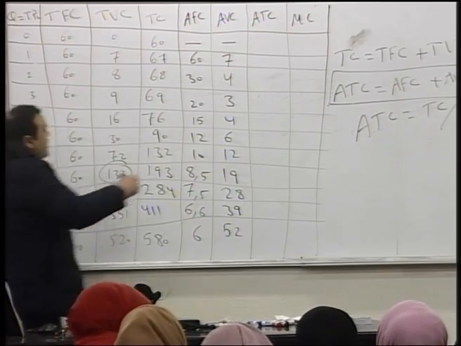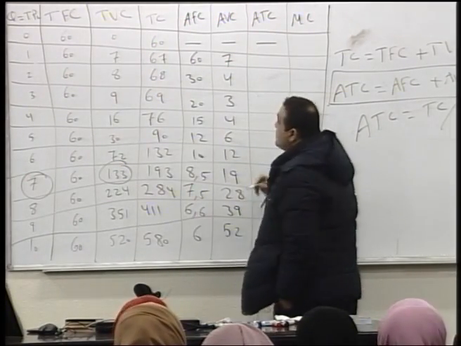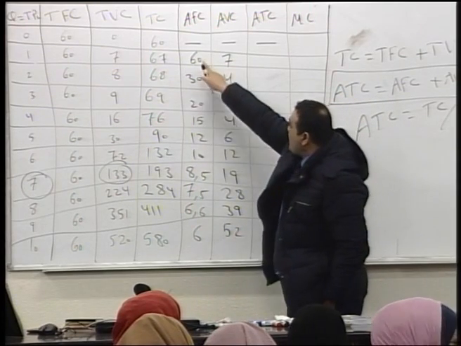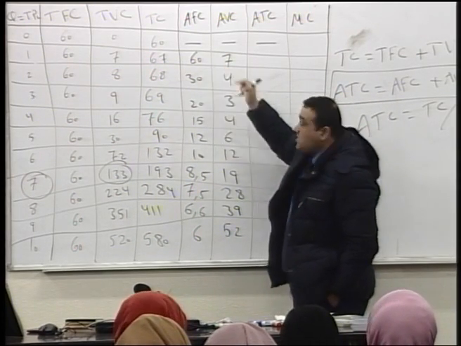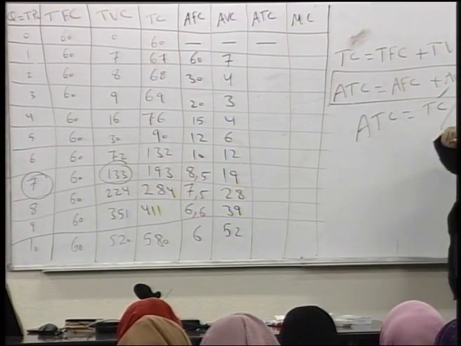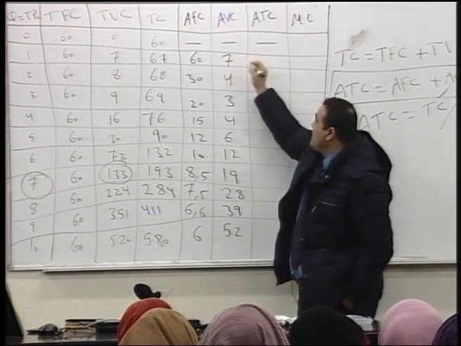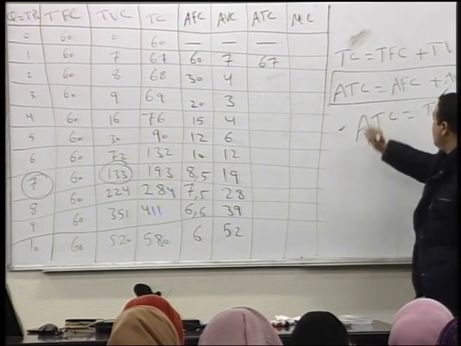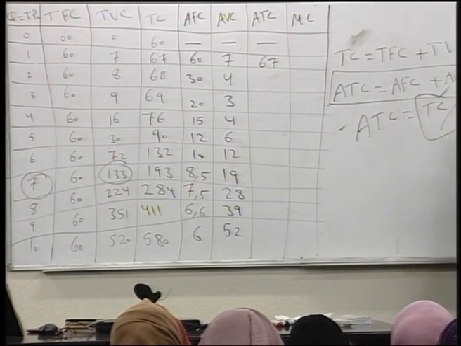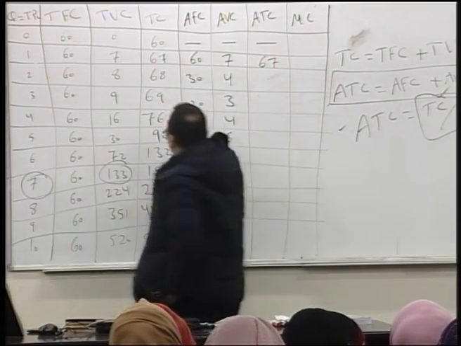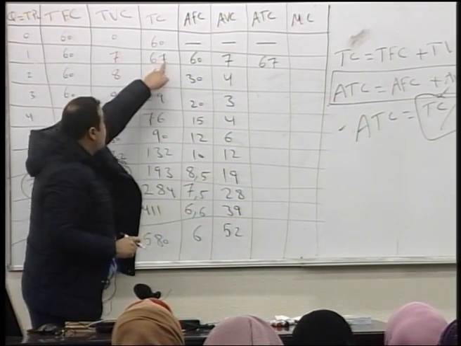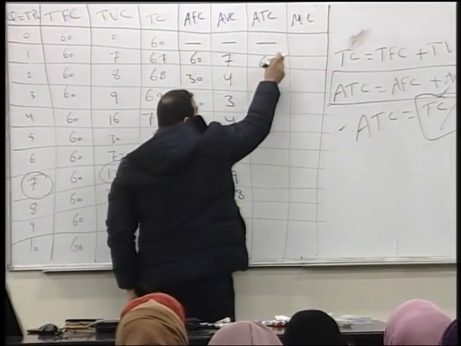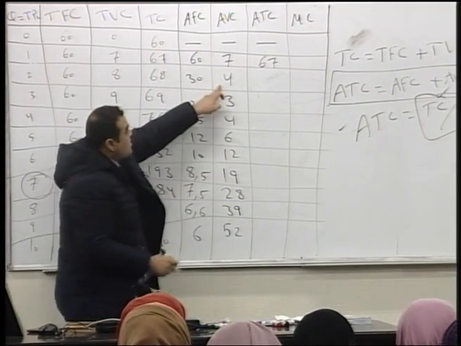So ATC, the same result. AFC plus AVC, how much is it? Let's use this formula here. AFC plus AVC, 67. Okay, now ATC equals TC over Q. How much is TC? 67 over 1, 67, the same result. 34.